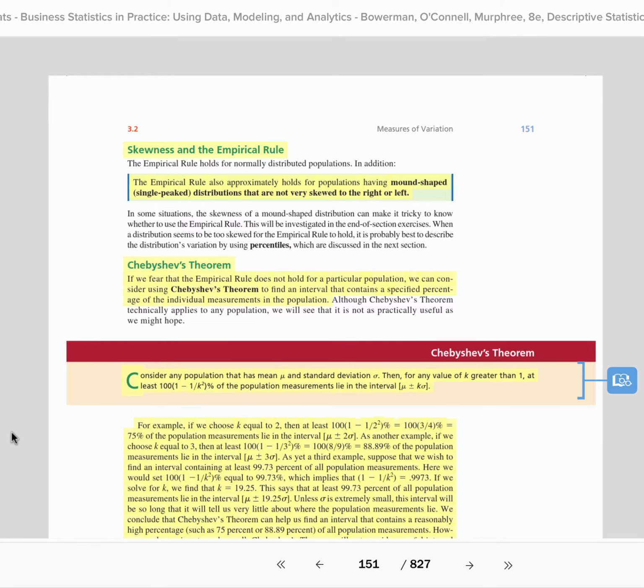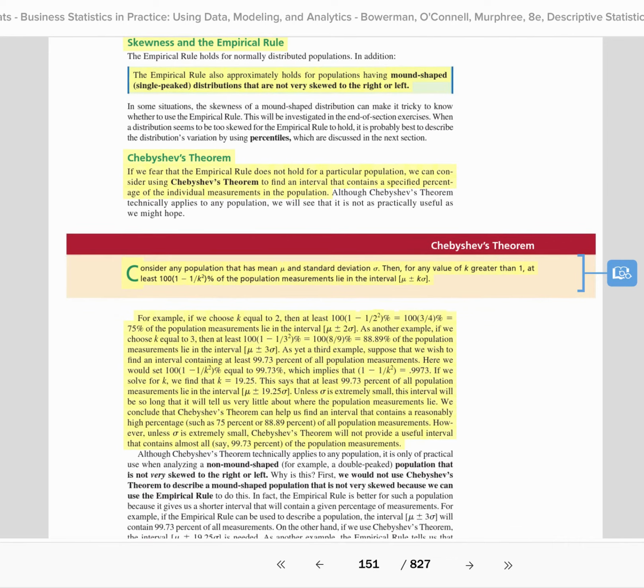So let us take a real example to understand this. Assume k equals 2, so we divide 1 over 4, and in this case we will be able to get 75% of the population concentrated within 2 standard deviations above the mean and 2 standard deviations below the mean.